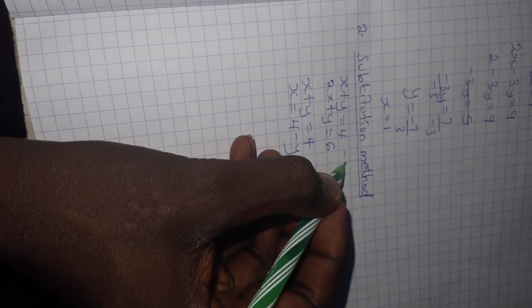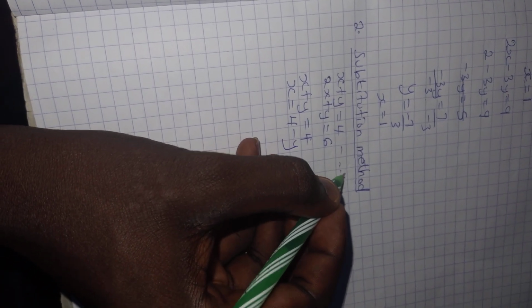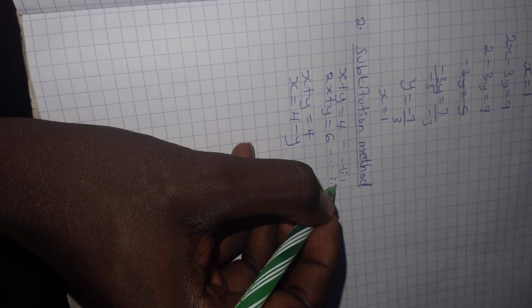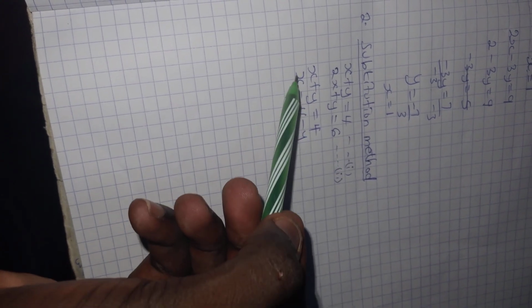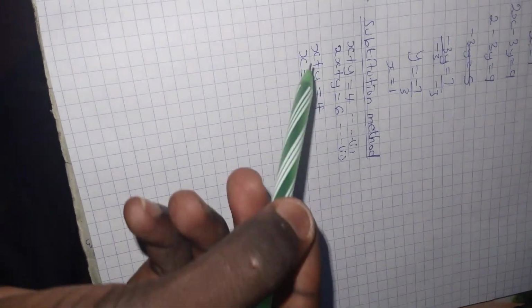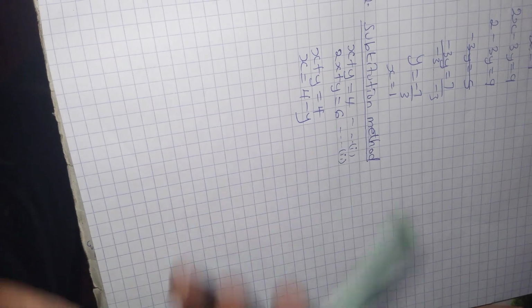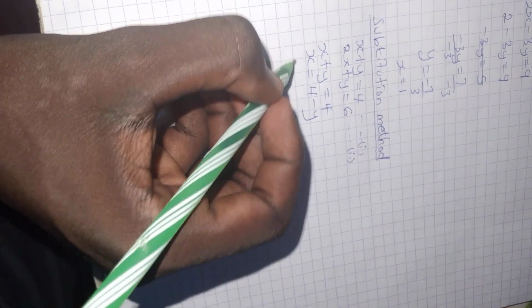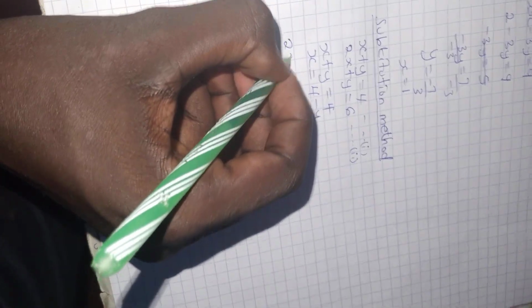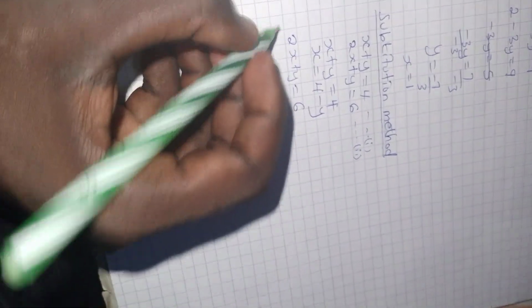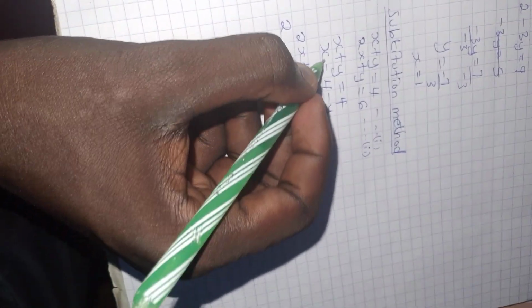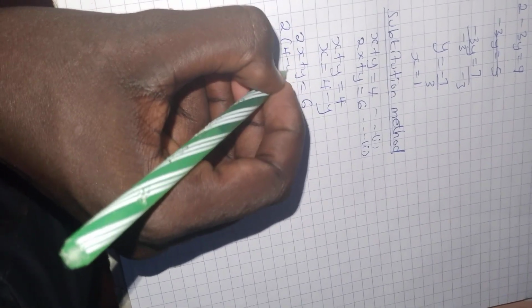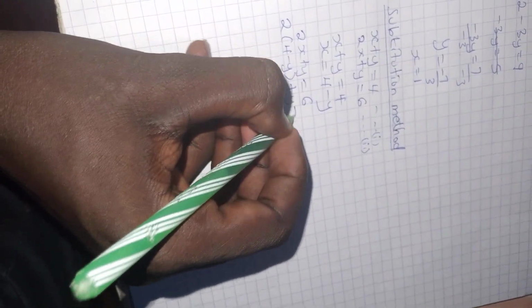This was our first equation and this is our second equation, and we have used the first equation to make x the subject. So let's substitute the value of this x in the second equation. The second equation is 2x plus y is equal to 6. So it will be 2 times (4 minus y) plus y is equal to 6.